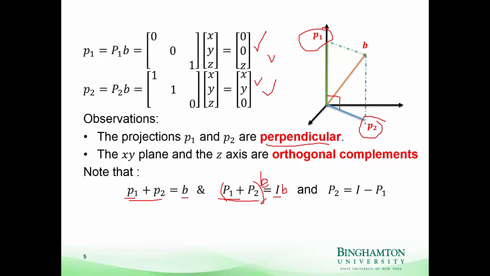Capital P2 times B gives us little p2. So this is just another way of writing that.